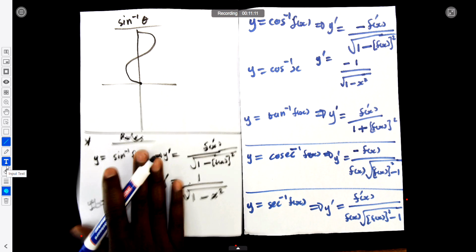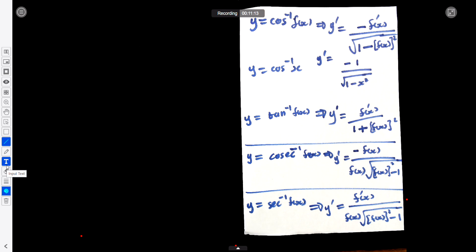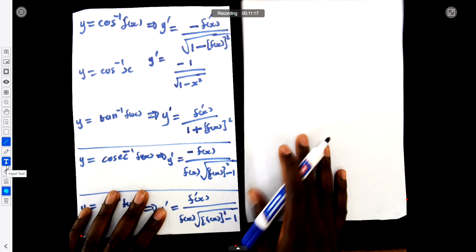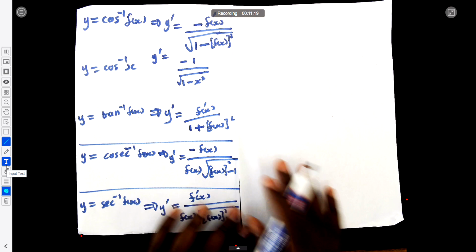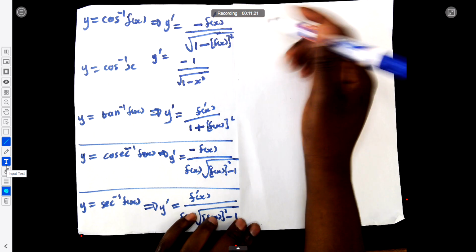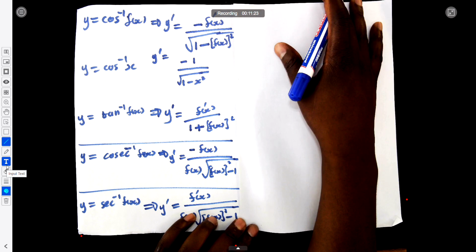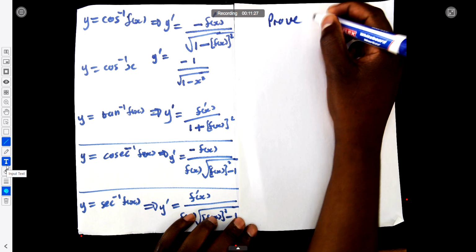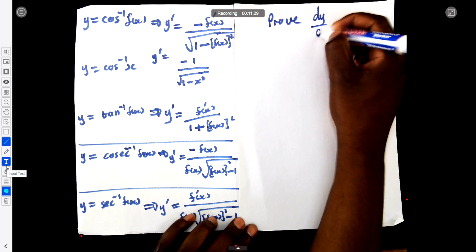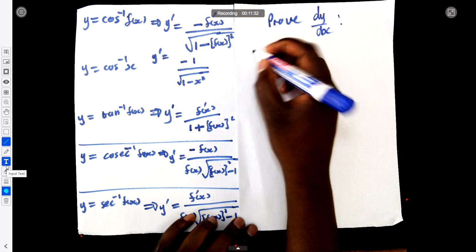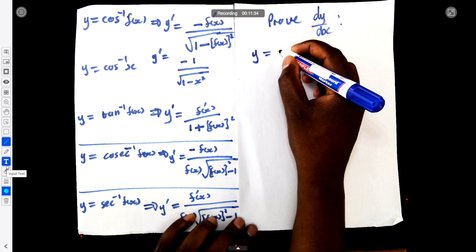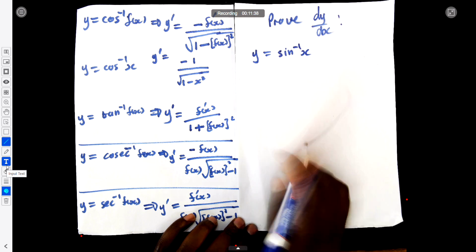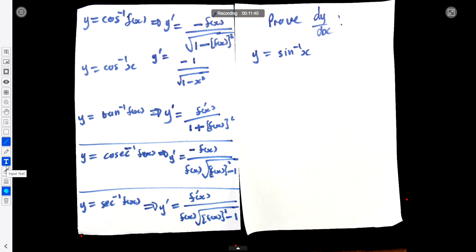So I just want to pass by proving either two of them. Say we are given a question where we need to prove the derivative, prove dy over dx for y equals arcsine x.